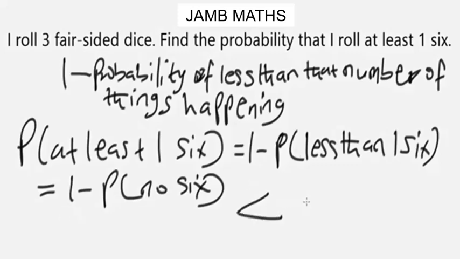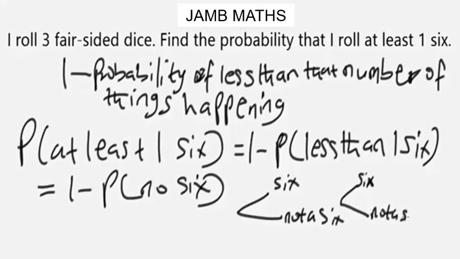This is a tree diagram. Let's say this is 6, this is not a 6. This is another tree diagram. This is 6, not a 6. This is another tree diagram. This is 6, this is not a 6.